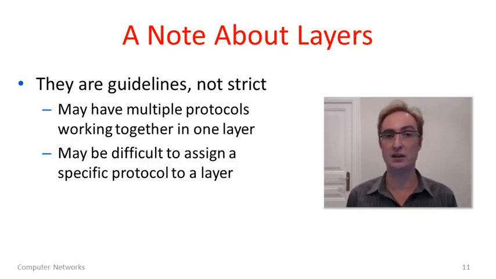In fact, this is a lot of the complexity and the fun of networks, that you might have protocols that don't neatly fit in here. So don't just assume that because something sits on top of a network layer protocol, it's a transport layer protocol. That's not necessarily the case. Nonetheless, our overall layered framework will prove valuable just for thinking about the functionality and roughly what's going on at every layer. Okay.